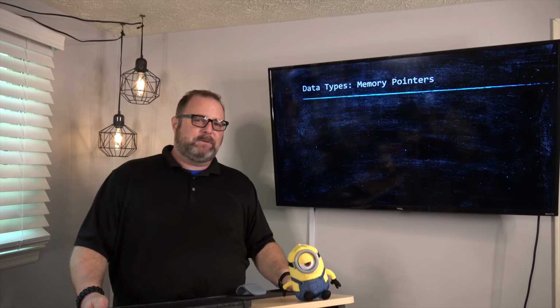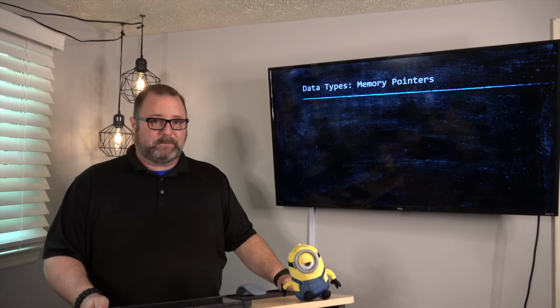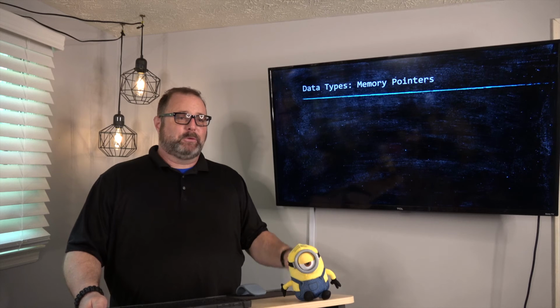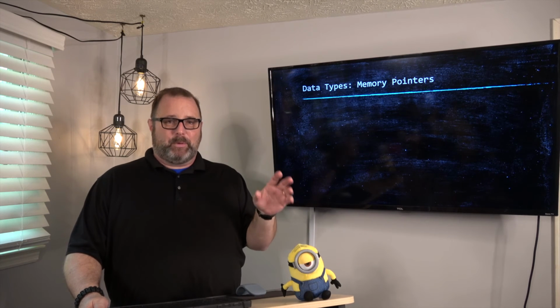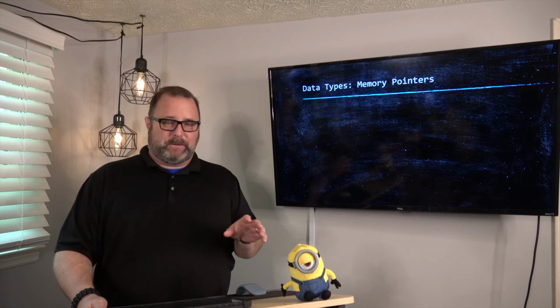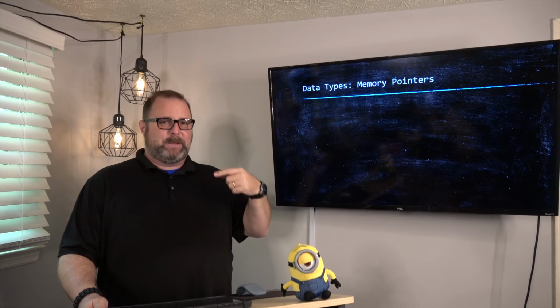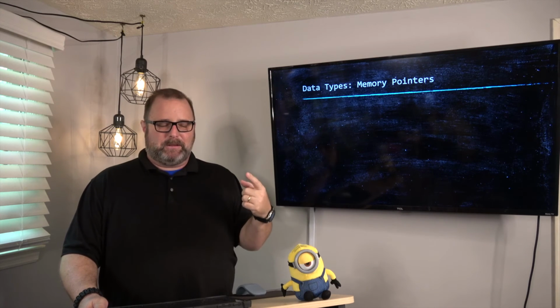And when we get into the language C, we'll do a video on pointers, okay? And we'll show you some code involving pointers, okay? Pointers are extremely confusing at first, but if you hear about them enough, it begins to sink in, okay?